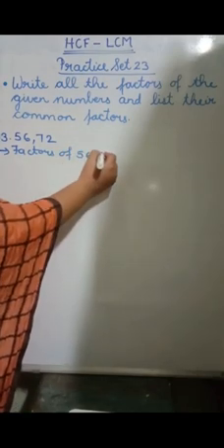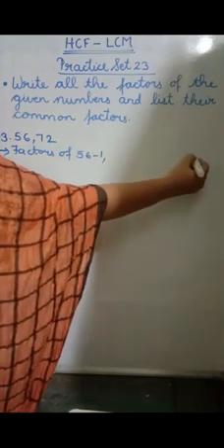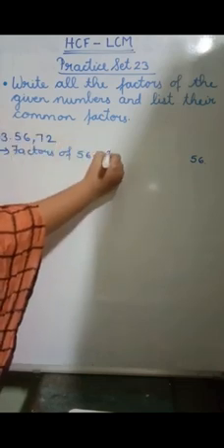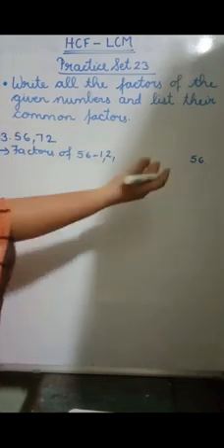So first we'll find out the factors of 56. 56 will come in the one table and its own table, that is 56. Okay. Now will it come in the two table? Surely, because at the units place we have 6. So the 2 table, and 2 how much are 56?